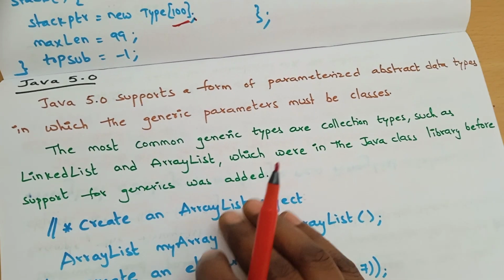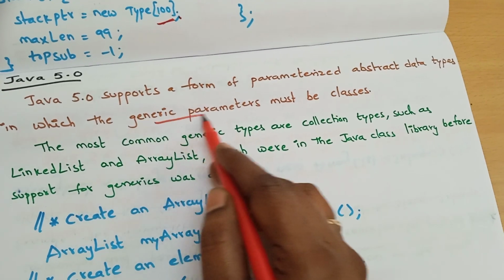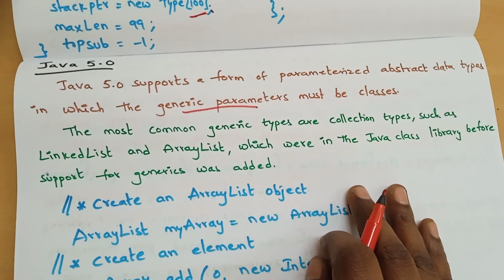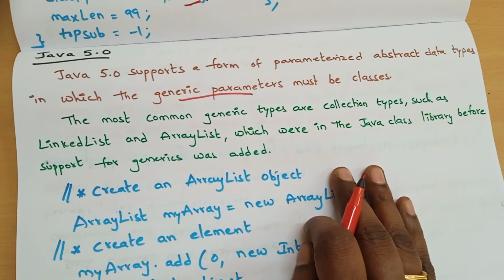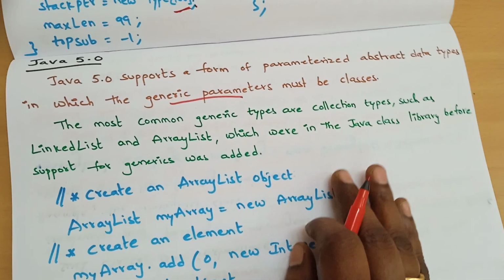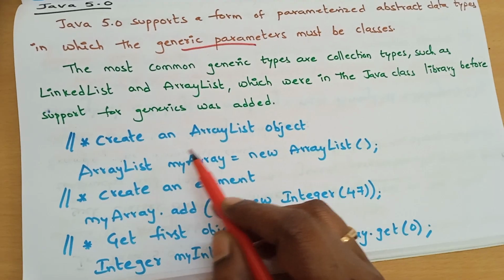Java supports a form of parameterized ADT in which the generic parameters must be classes. The most common generic types are collection types such as linked list and array list, which were in the Java class library before support for generics was added. Now you can have a look. We'll be creating an ArrayList object: ArrayList myArray = new ArrayList, to create the object for the array list.